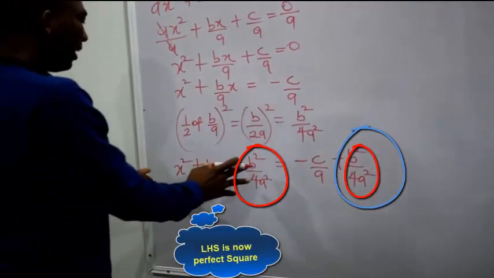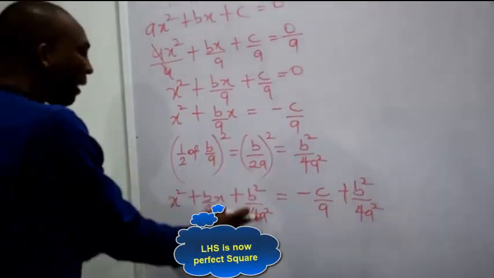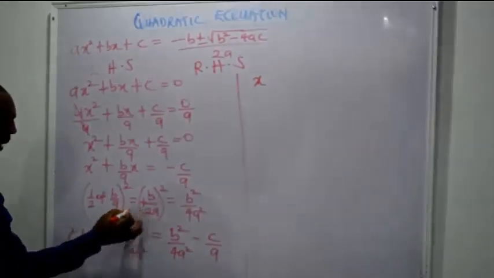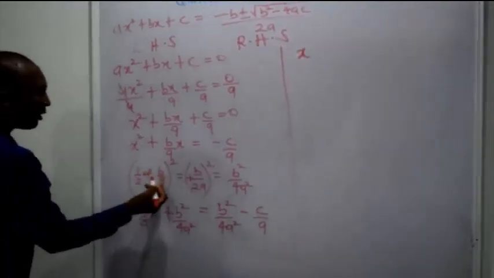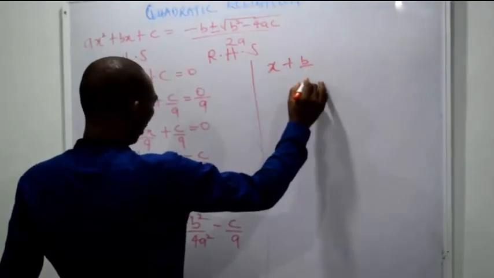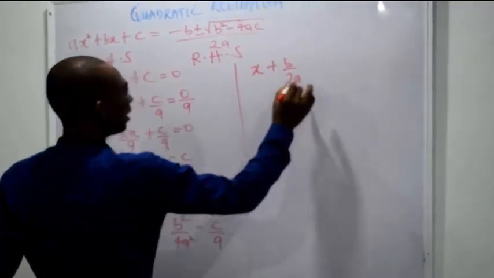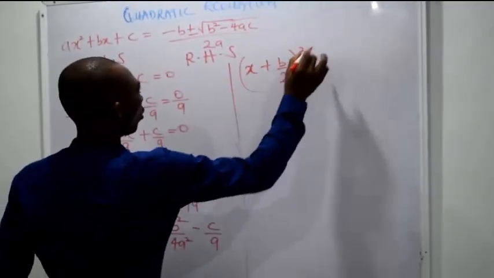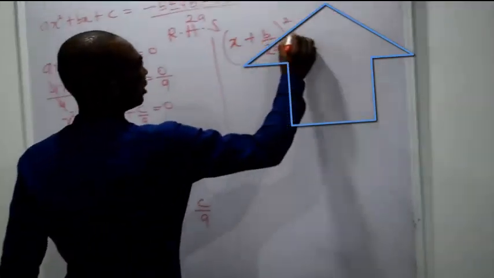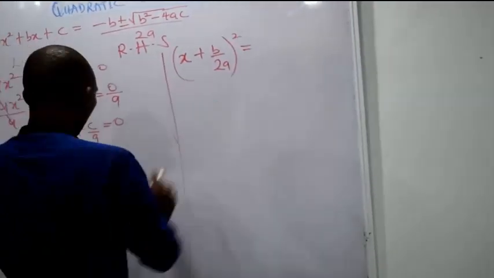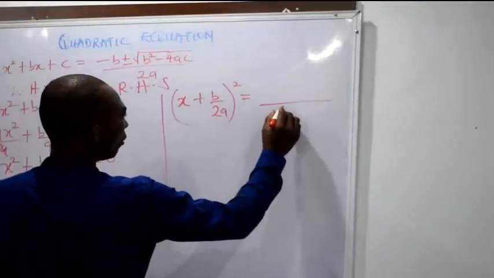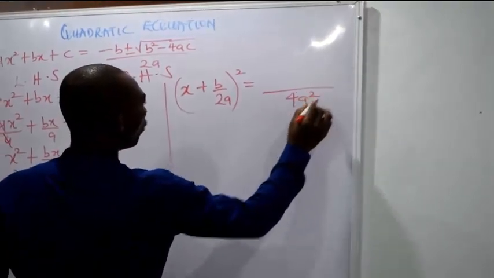Now the left hand side is a perfect square. So let's find the right. We are picking half of the coefficient of x, which is plus b over 2a, all squared. So this is now equal to, on the right hand side, our LCM is 4a squared.